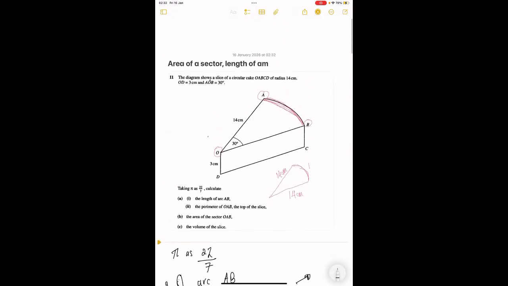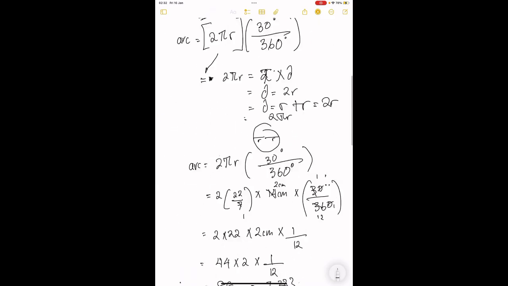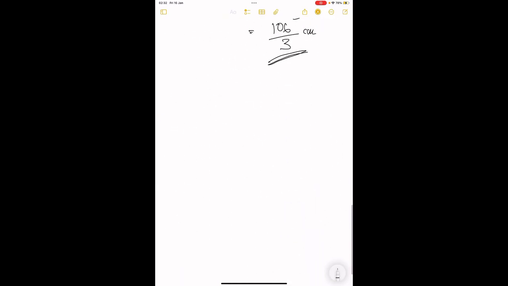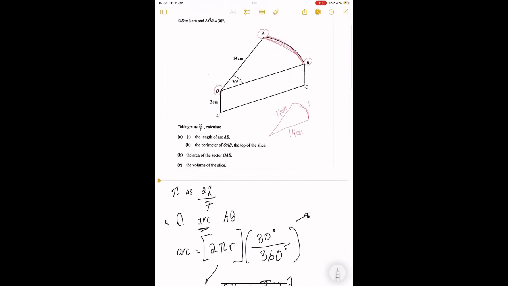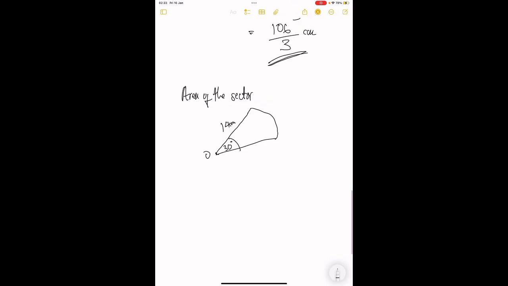So the next question goes on to say the area of the sector. So now we are required to find the area of the sector. So we know that this is 30 degrees and this is 14 centimeters, OAB. And then the area of a circle is pi r squared.